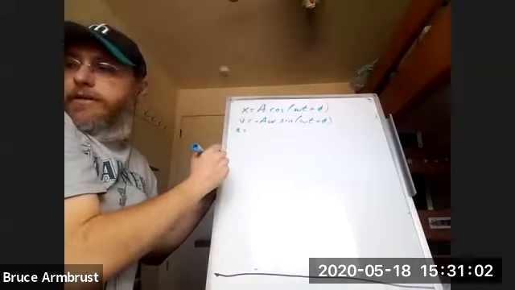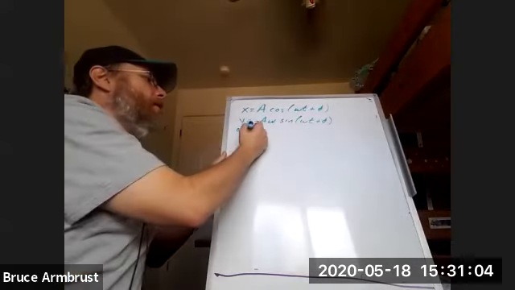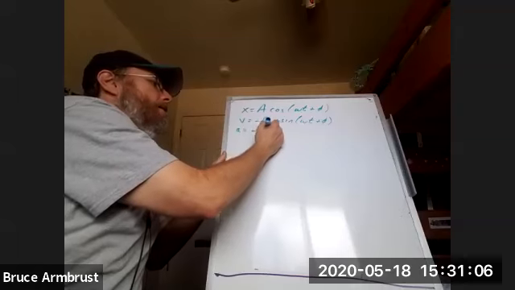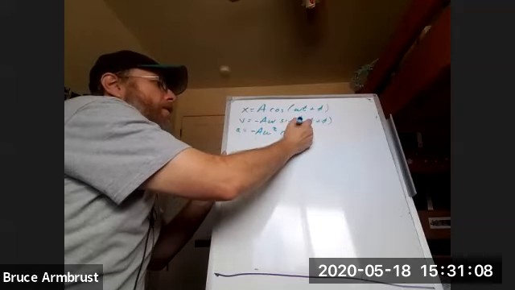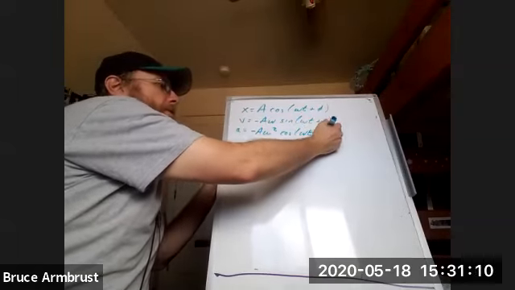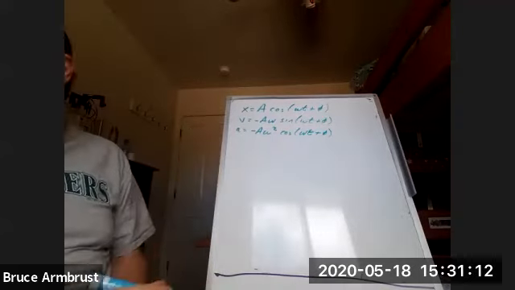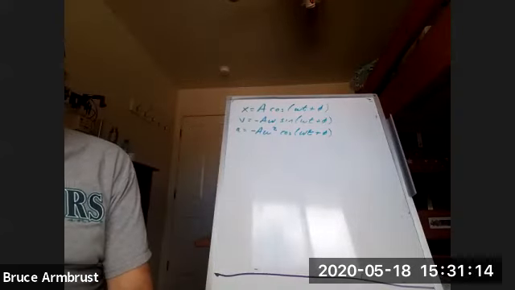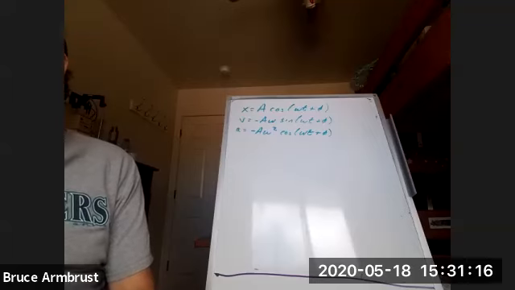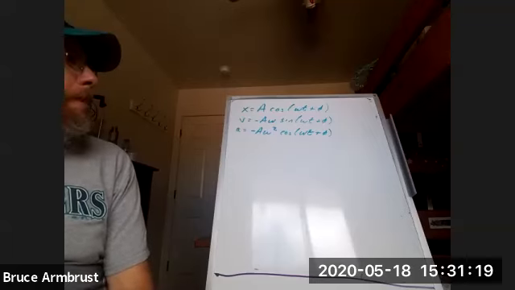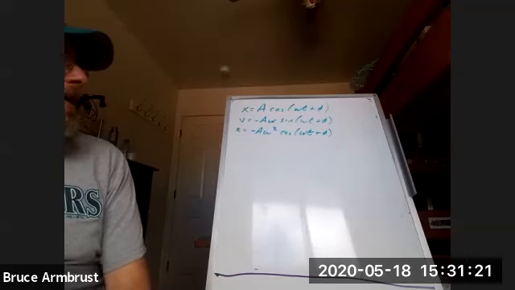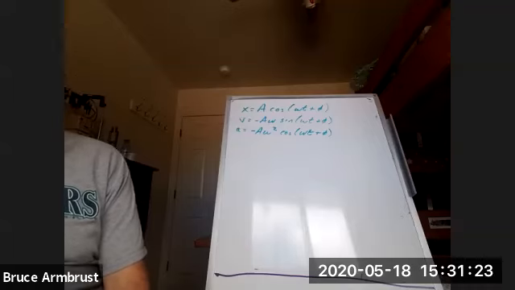And then our acceleration is minus A omega squared cosine of omega t plus phi. So those are the formulas that we need to plug in. So basically we need to find A, omega, and phi.